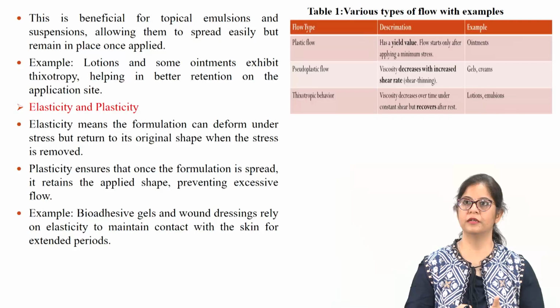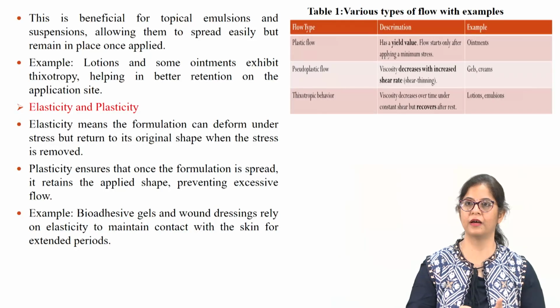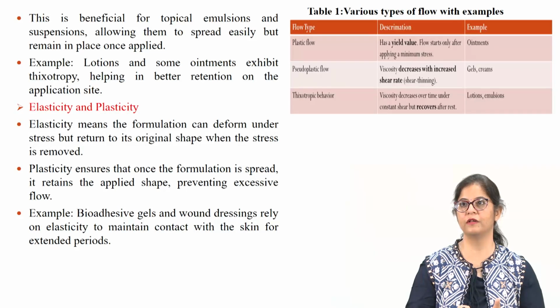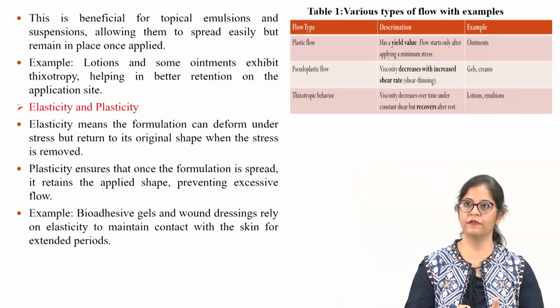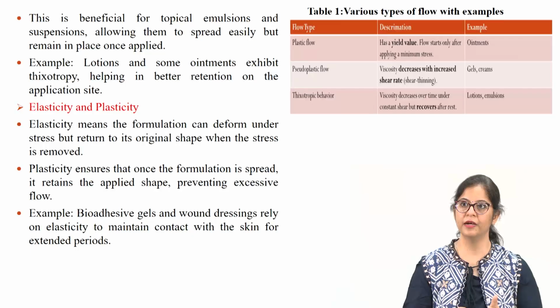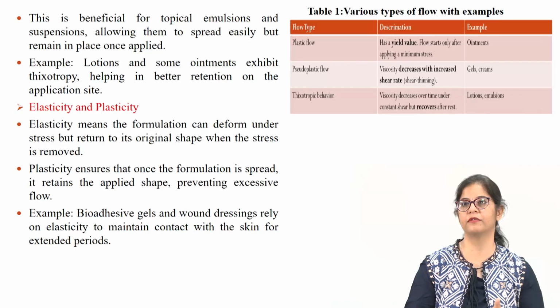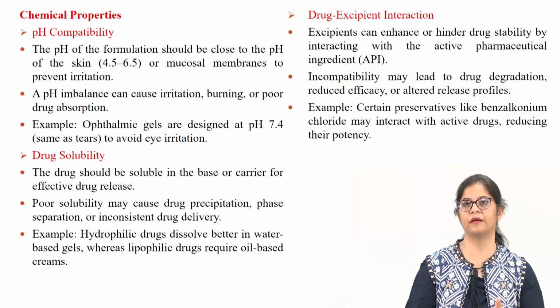So, the types of flow with examples are mentioned here. Plastic flow, example for ointments. These have a high yield value. Flow starts only after applying a minimum stress. Pseudoplastic flow: the viscosity decreases with increased shear rate, shear thinning. Gels and creams. Thixotropy: viscosity decreases over time under constant shear but recovers after rest. So, lotions and emulsions are the examples.